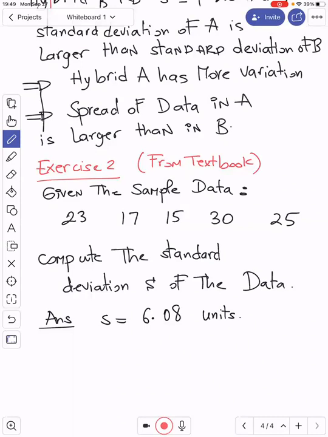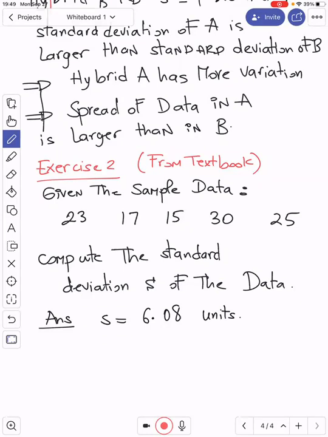But if you have two samples where you use different units, like kilograms in the first sample, and inches or feet or anything different in the second, the standard deviation depends on the unit, so you cannot really use it to compare the two data sets.